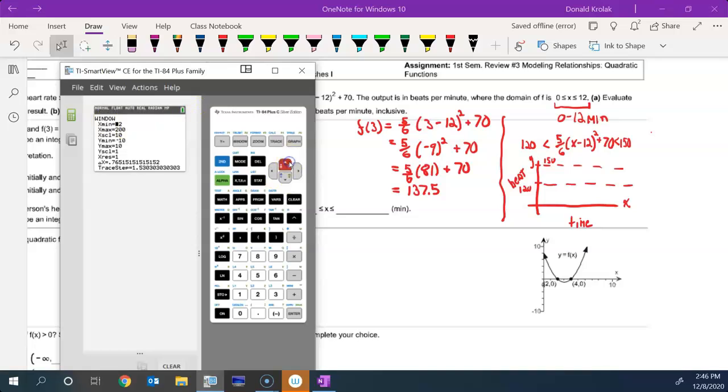This is the X minimum, negative 2. Our X max only has to be 12, so we'll go out to 15, and we can just count by 1. Our Y minimum will be negative 2, our Y maximum 200, and we'll count by tens. Now we should get a better look at this graph. And there we go.